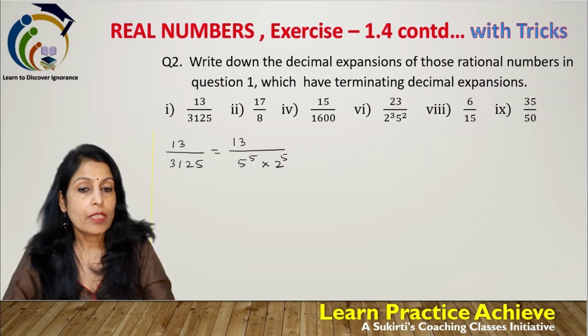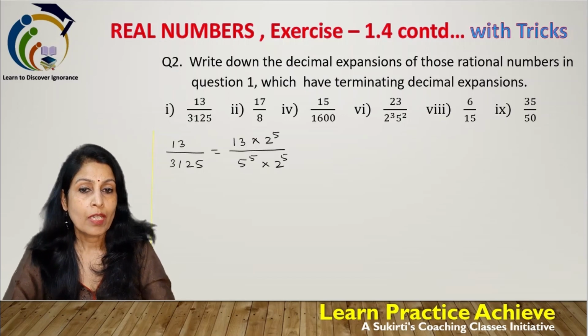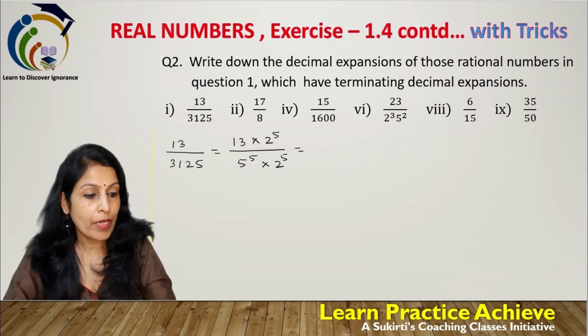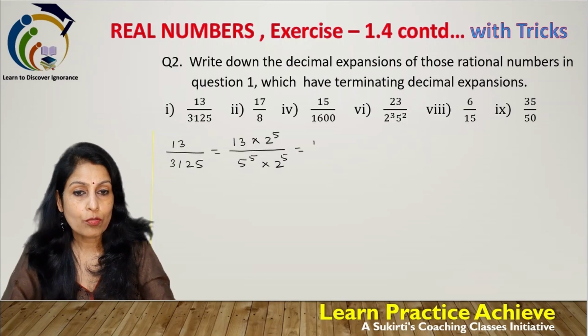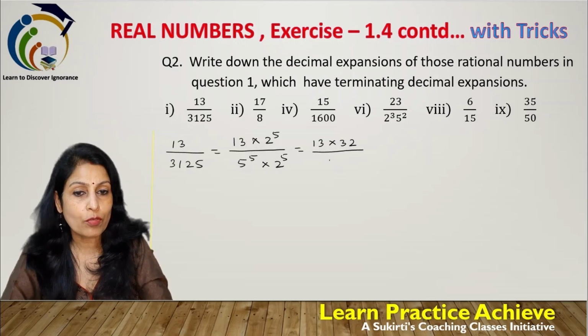Okay. So in the same way, if we are multiplying 2 to the power 5 in the denominator, you have to multiply the same number in the numerator. So 13 into 2 to the power 5, that is equal to 13 into 32, and 5 to the power 5 and 2 to the power 5 means it is 10 to the power 5.